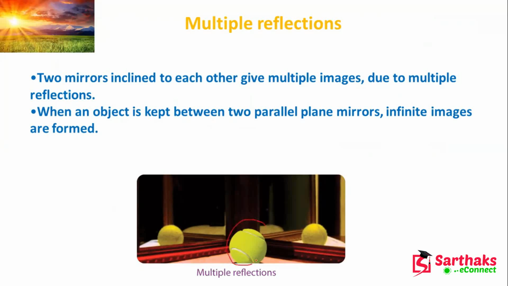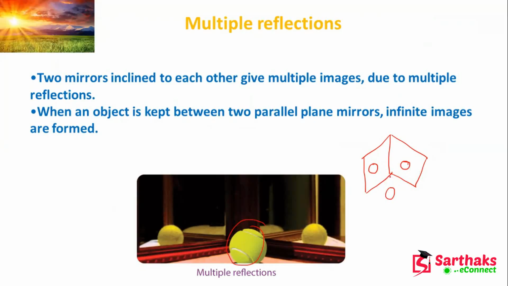The ball is one, but because you have this mirror and that mirror, if you keep a ball here, you can see one image here, another image there. So you can see multiple images.